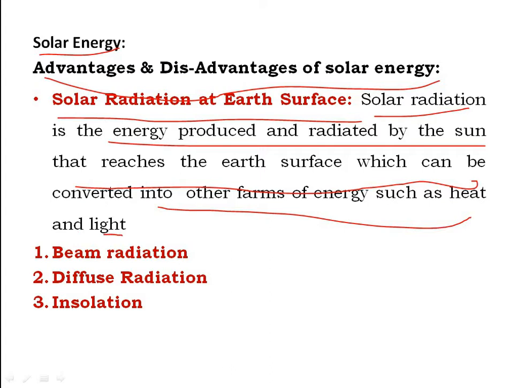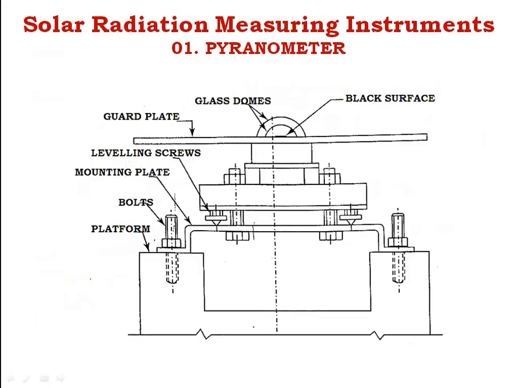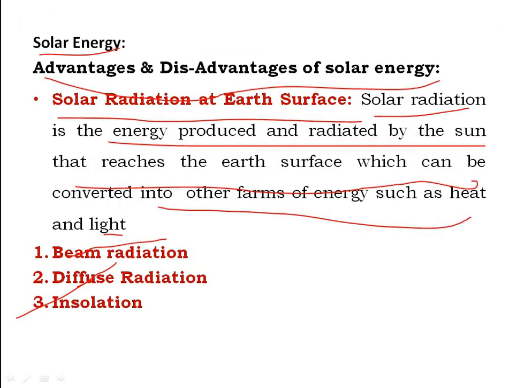Under solar radiation, the first one is beam radiation, the second one is diffuse radiation, and the third one is insolation. Before going to the radiation measuring instruments, we'll discuss some general aspects of solar energy.